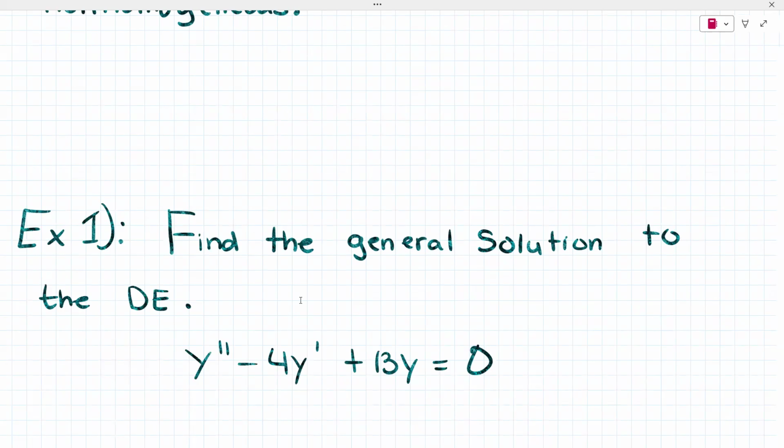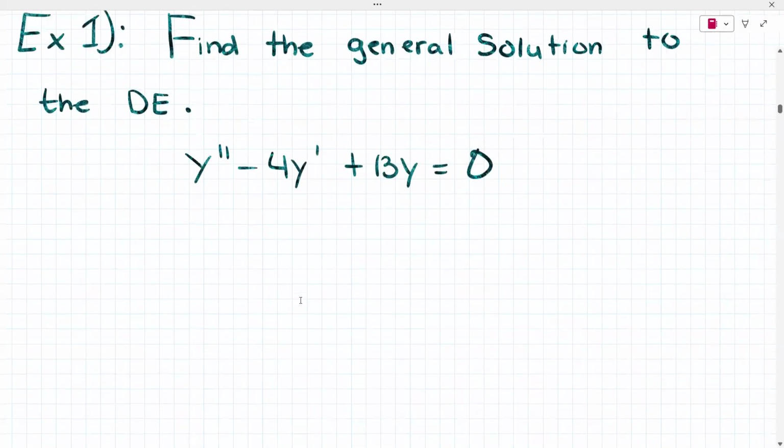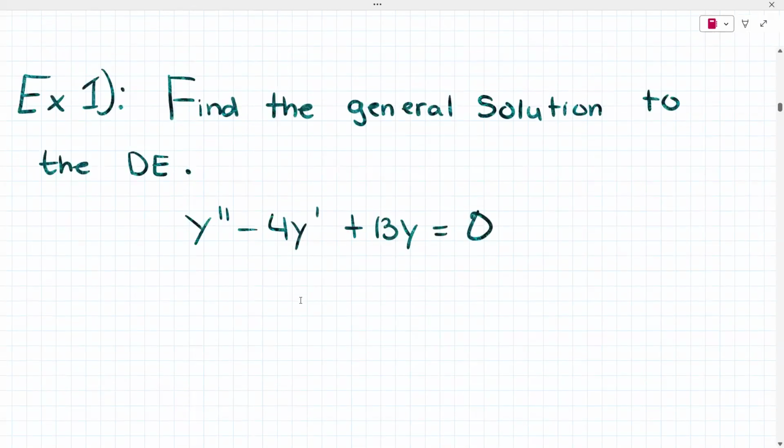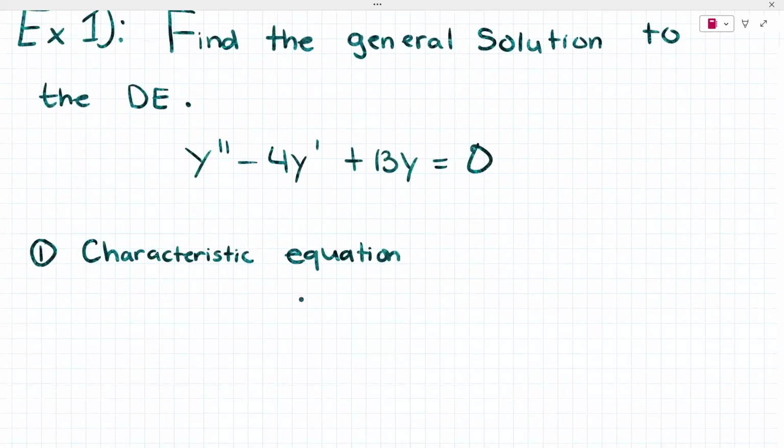So find the general solution to the differential equation y double prime minus 4y prime plus 13y equals 0. So step 1, you would find the characteristic equation. So set it up as ar squared plus br plus c equals 0, right?